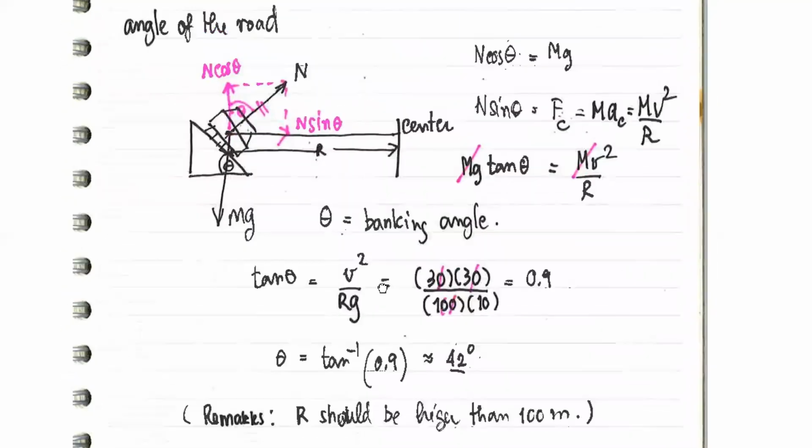If we increase the radius of curvature by two or three times, to around 300 meters, then tan theta is 0.3, and arctan of 0.3 is around 16 degrees, which is more acceptable than 42.